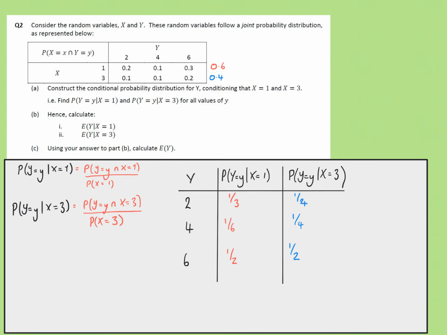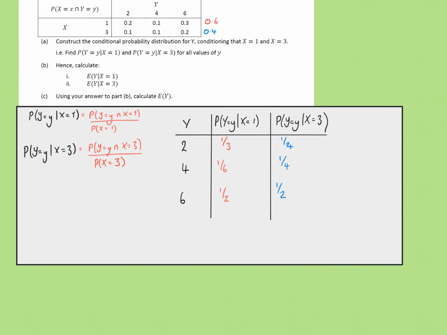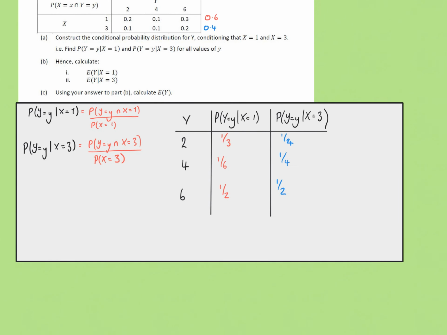Part B of the question asks us to now use this information to calculate the conditional expectation of y given that x is equal to 1, and the conditional expectation of y given x is equal to 3. The conditional expectation of y given x is equal to 1, we calculate in exactly the same way as we do with other expectations, but instead of using the marginal probability that we multiply the outcomes by, we use the conditional probability. So we have the probability that y is equal to a particular value given x is equal to 1 multiplied by all of the possible outcomes.